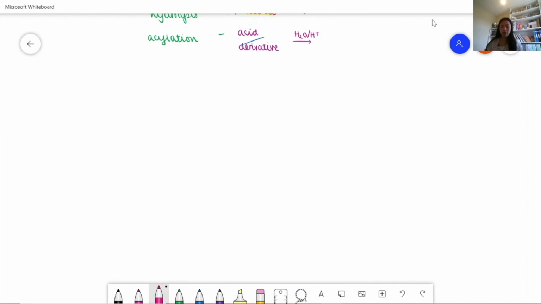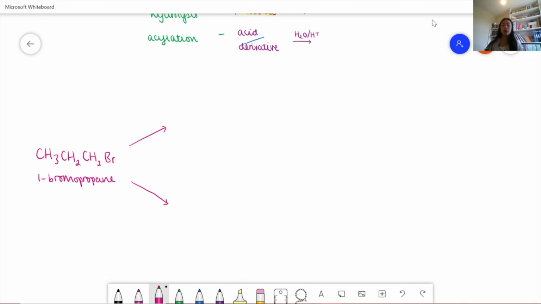So we have 1-bromopropane, which is CH3, CH2, CH2, Br. This is our 1-bromopropane. And so we've said that this can either form our primary alcohol or our primary nitrile.